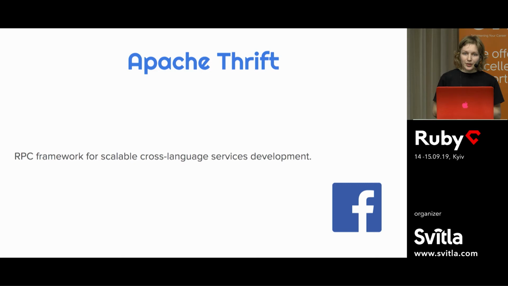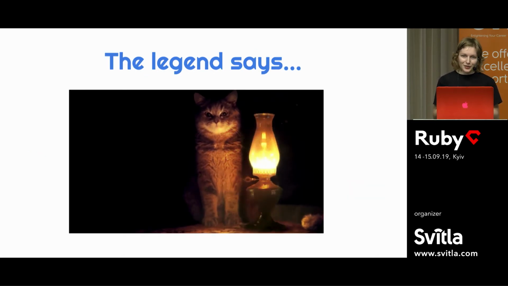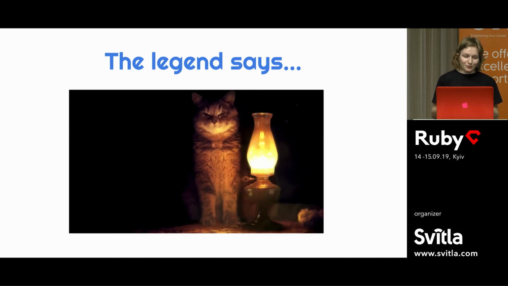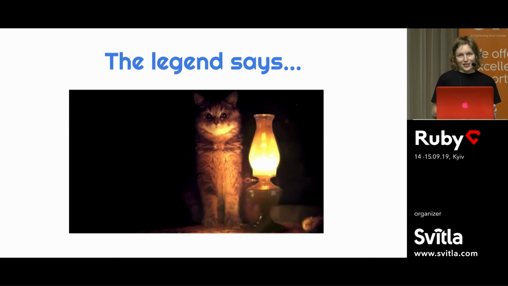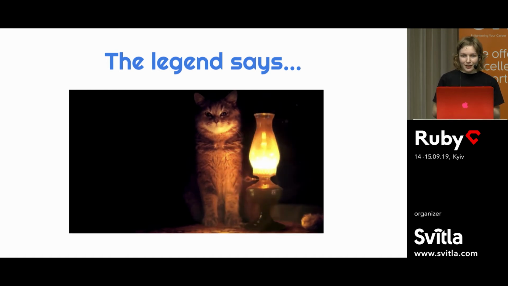Next one is Apache Thrift. And this one is the oldest RPC framework on the market. Probably this is the one most widely used, especially by some old big systems. And the legend behind Thrift says that at some point there was a Google intern that didn't finish their internship at Google and started an internship at Facebook.